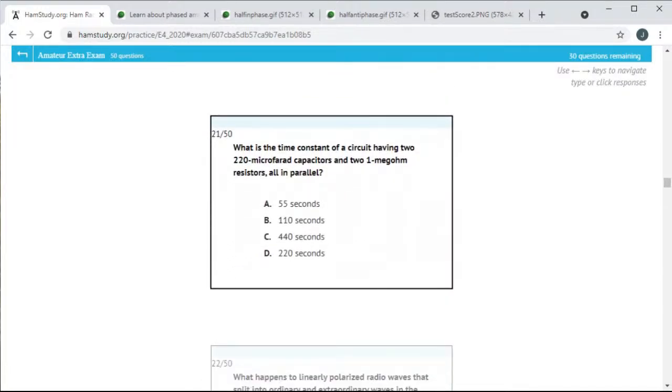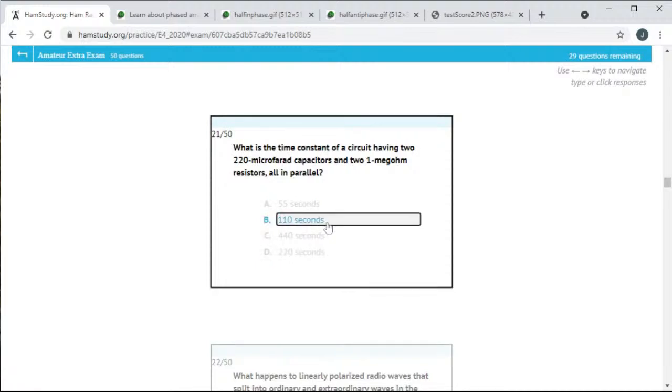What is the time constant of a circuit having two 220 microfarad capacitors and two 1 megaohm resistors all in parallel? I don't know.